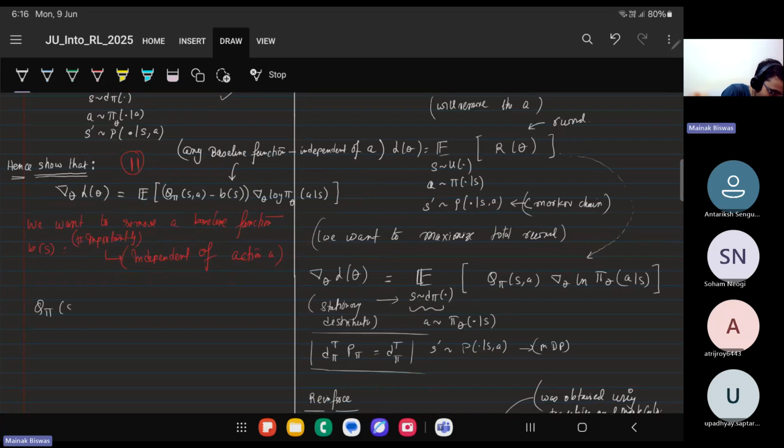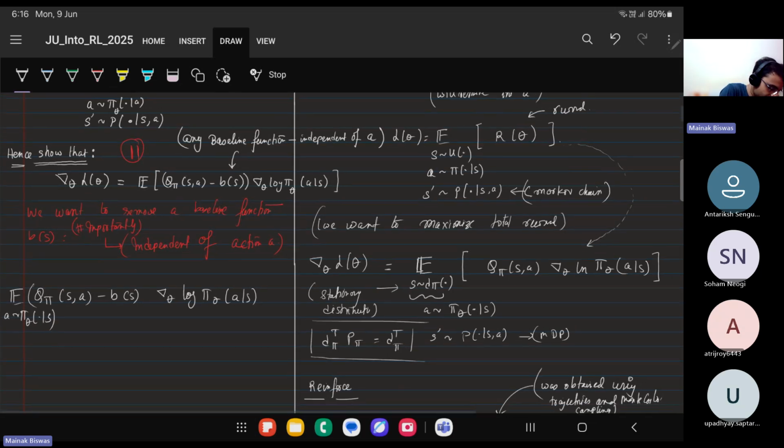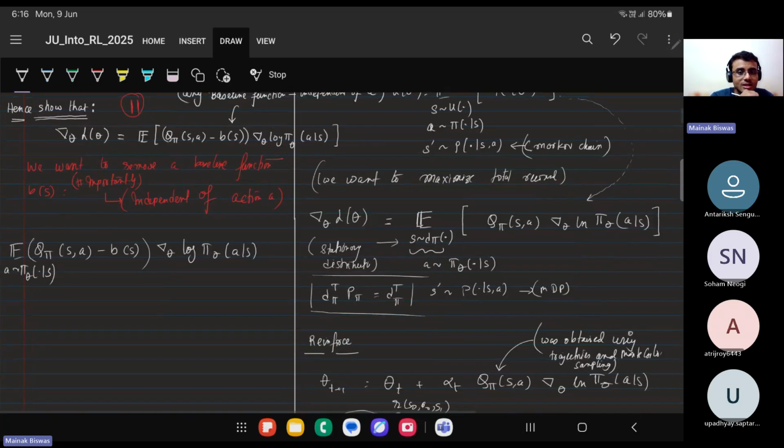Q pi of s comma a minus b of s, times the gradient with respect to theta of log of pi theta of a given s. Let's just take an expectation with a given pi theta of s. Okay, just this much. So how do I use LOTUS to expand this?